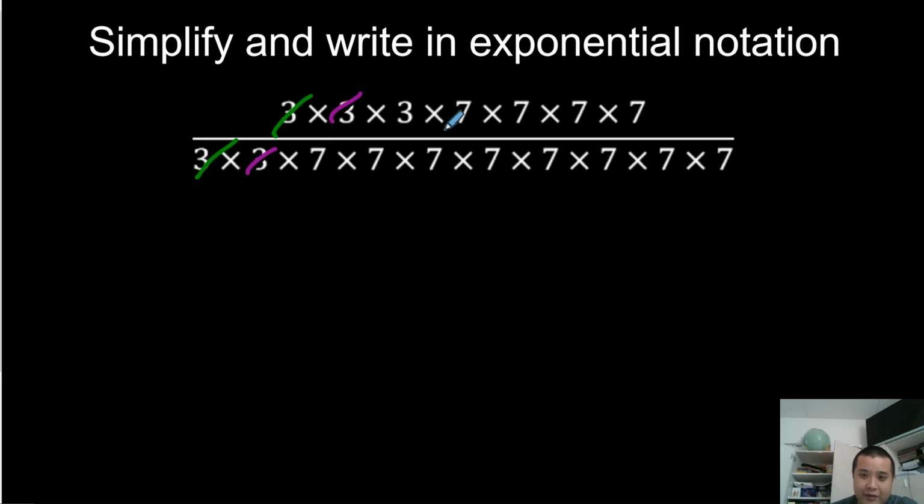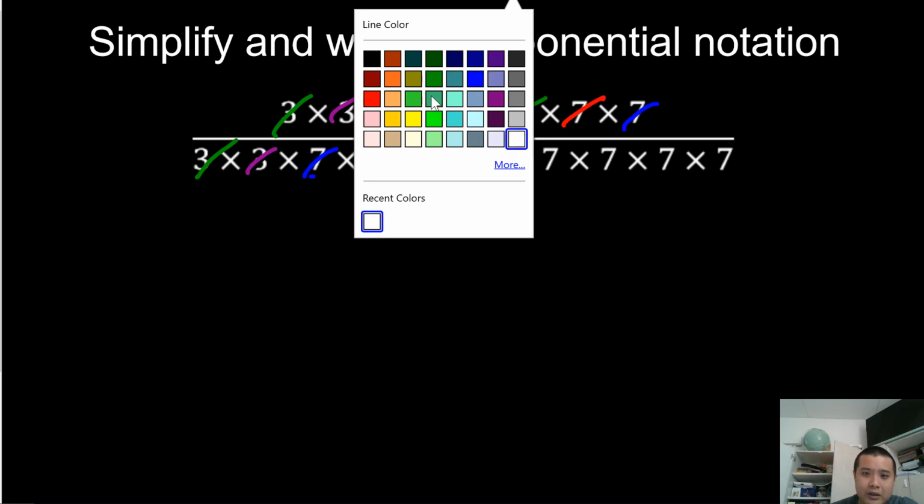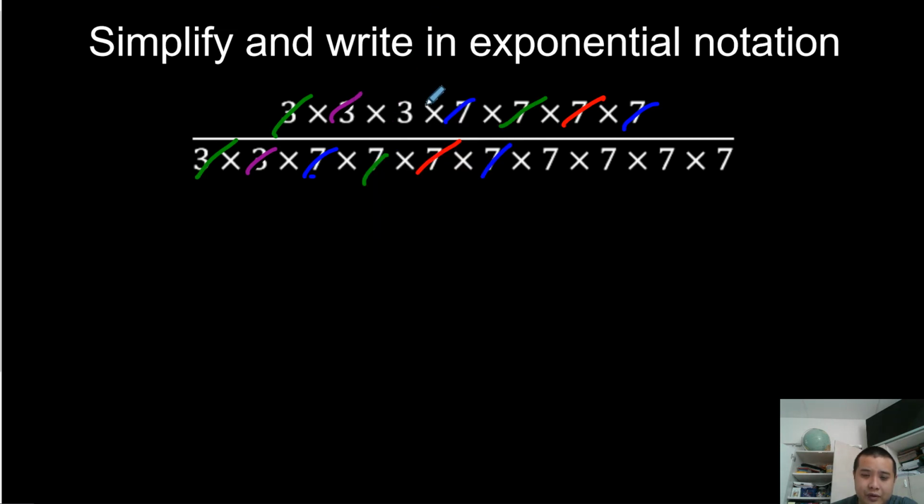But this 7 and this 7 are the same value, so we can cancel them out. And this 7 and this 7 can cancel out. And this 7 and this 7 can cancel out. So what we're left with are this 3 in the numerator right here and these 4 7's.